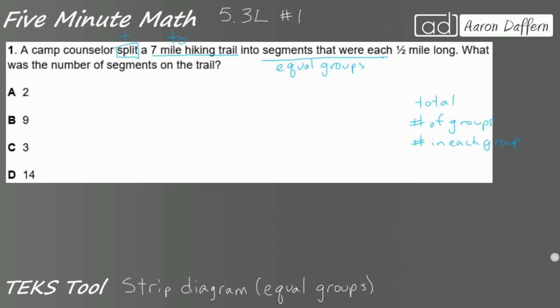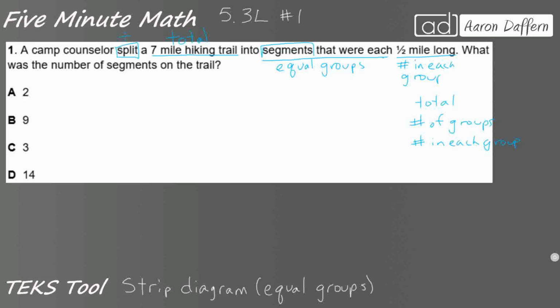So let's label this as our total. Now we've got each group or each segment was a half-mile long. So this is going to be the number in each group. And the reason I say that is because these segments right here, see that right there?